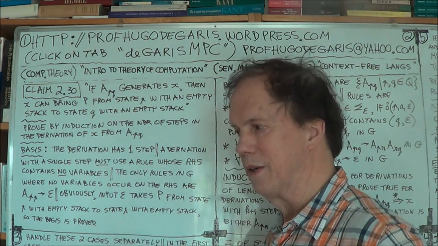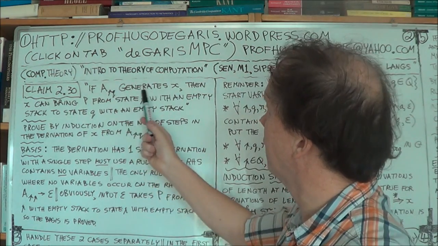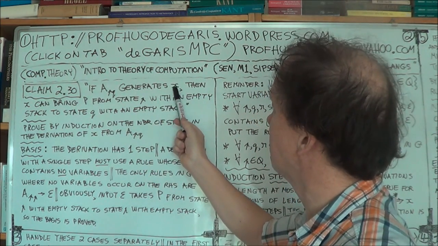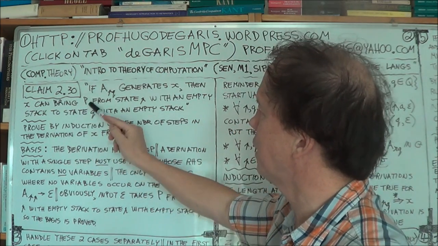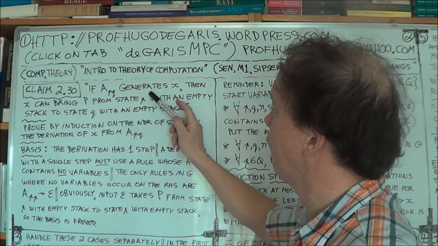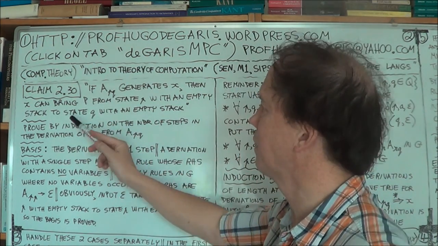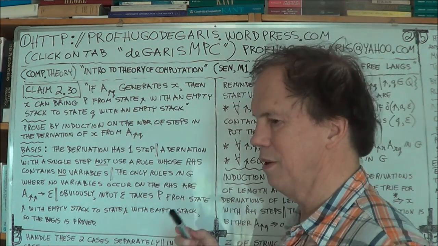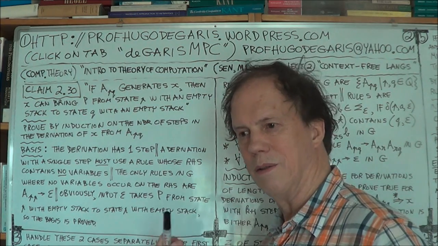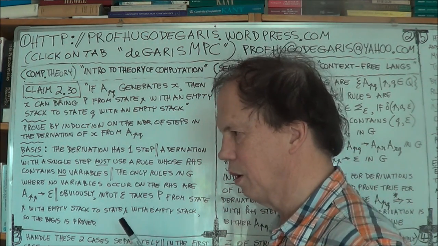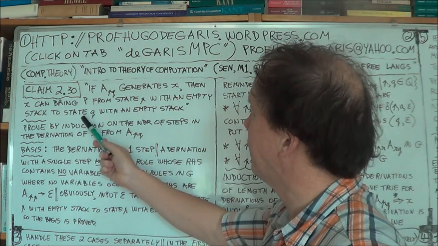Big P for PDA, it's the label for the PDA, and big G is the label for the grammar. So that substring X will take your machine, your PDA, from state P with an empty stack. Extra detail, the empty stack is useful. We need it. It makes the proof go much easier. Well, relatively easier.